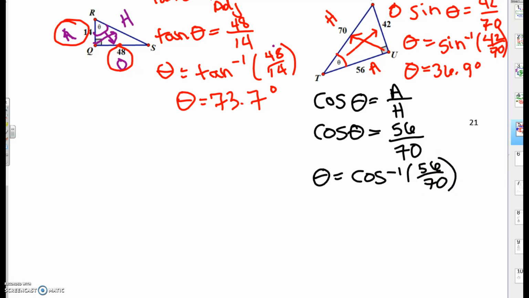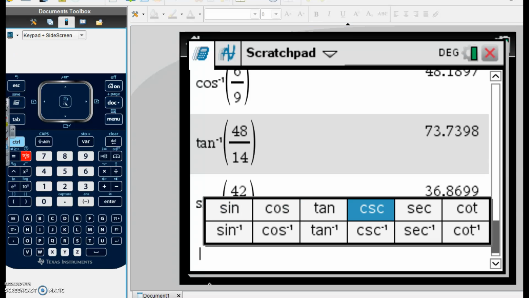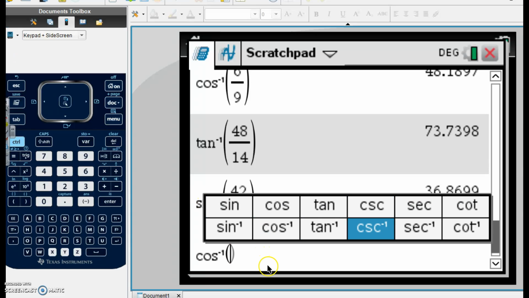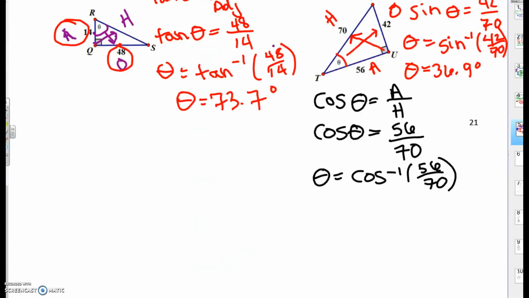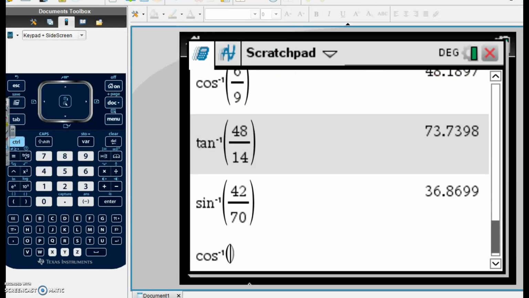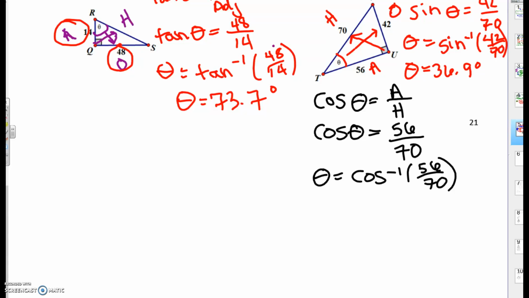So when I come to my calculator, I'm going to use trig cosine inverse of 56 over 70. Okay, 56 divided by 70. We get, again, 36.9 degrees. We're getting the same answer. So theta is, again, 36.9 degrees.